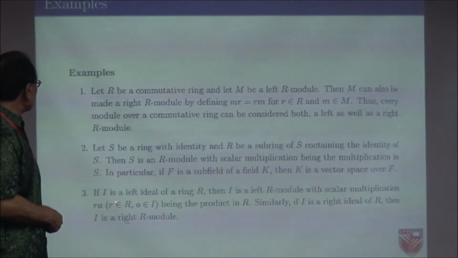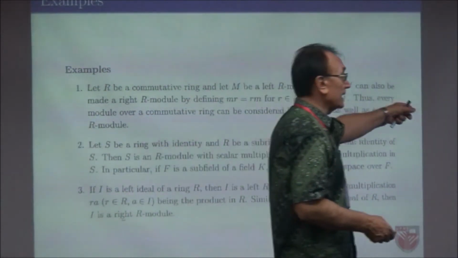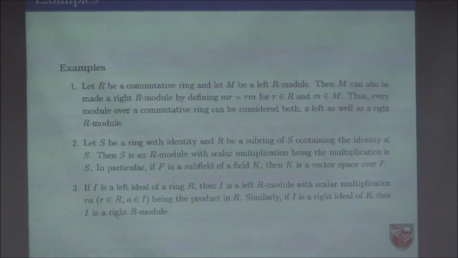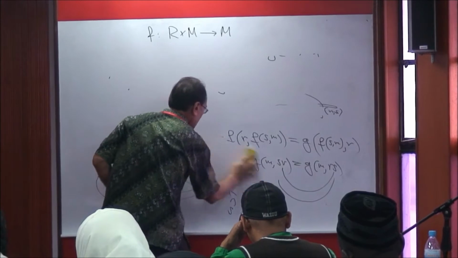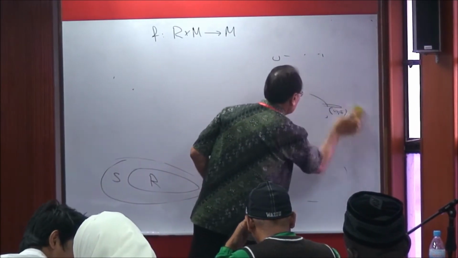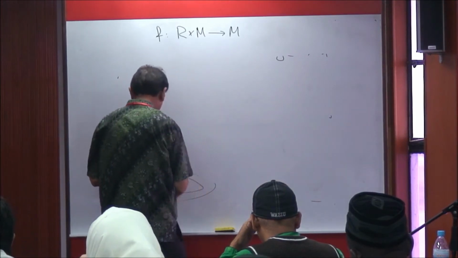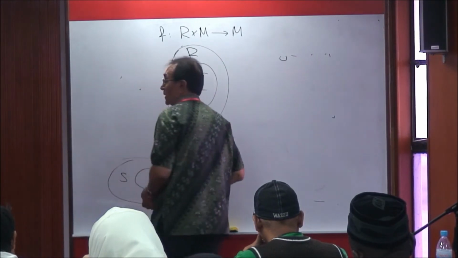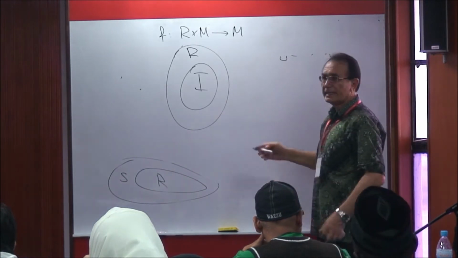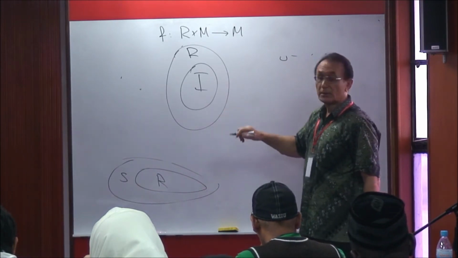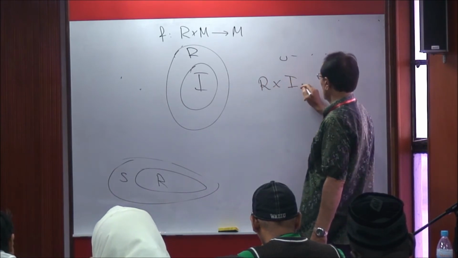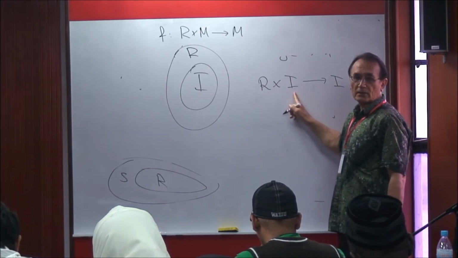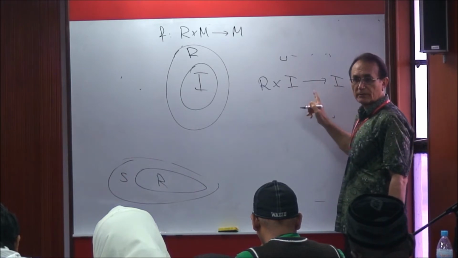Okay. Now let us consider an ideal. Now I will consider another case, which is an ideal in R. By definition of ideal, if you multiply by an element of R, then you will get an element of the ideal.